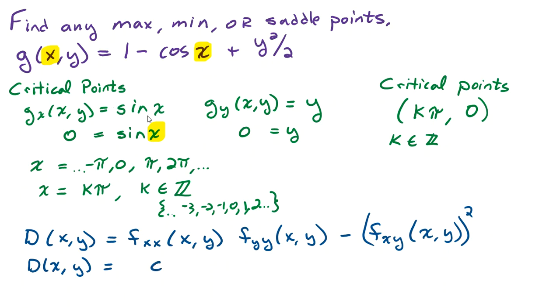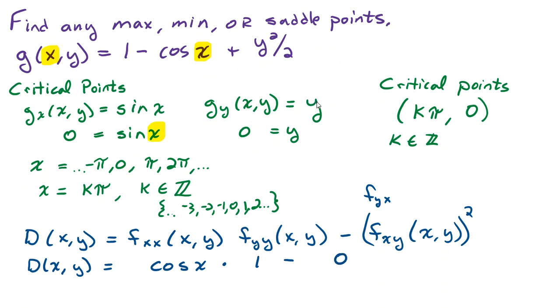That's cosine x. Now the partial of this with respect to y, that's just 1. So if I take my x partial with respect to y, that's going to be 0. If I did my y partial with respect to x, that's just going to be 0.